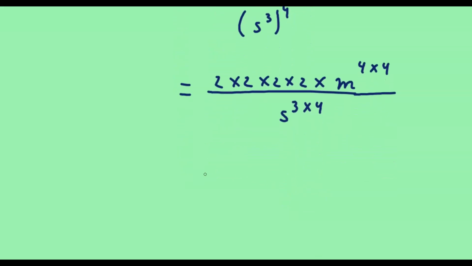So 2 times 2 times 2 times 2, that will be 16. Then we have m to the power of 4 times 4, that is 16. And we have s to the power of 3 times 4, that is 12. So our final answer is 16 times m to the power of 16 divided by s to the power of 12.